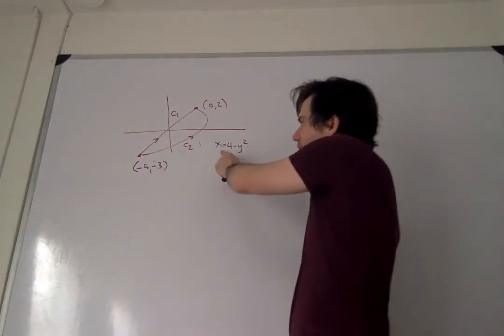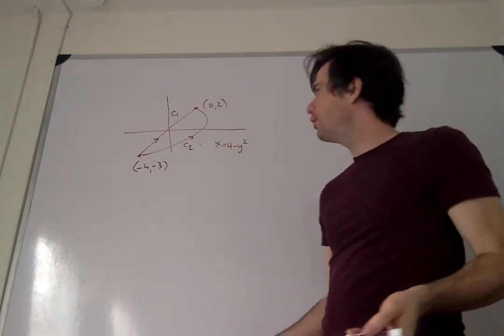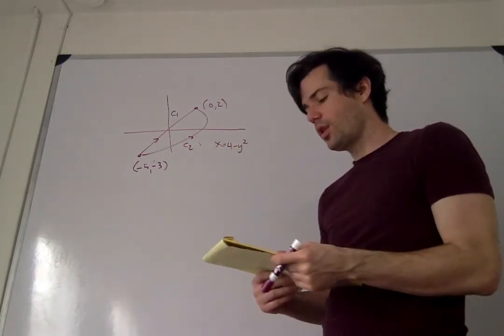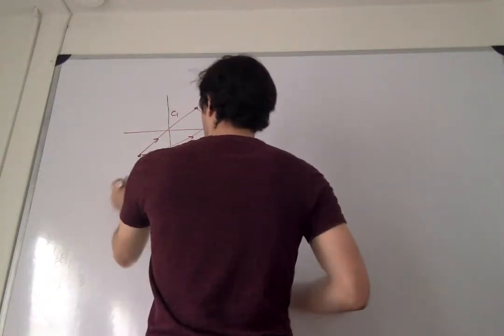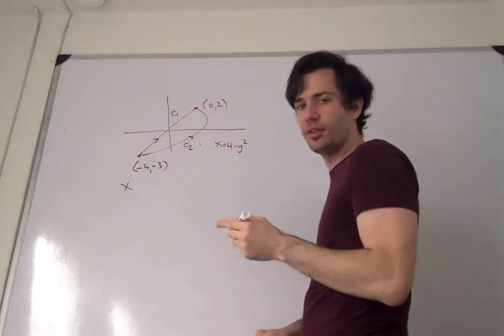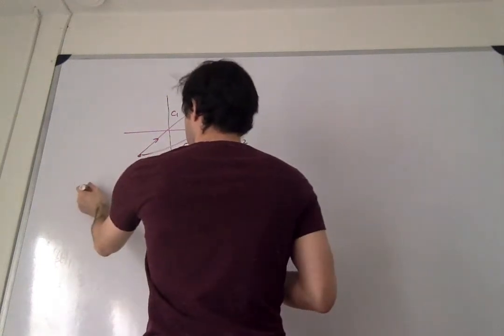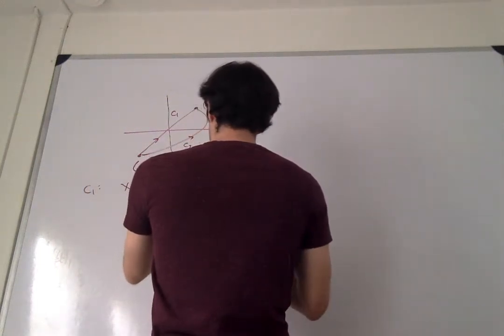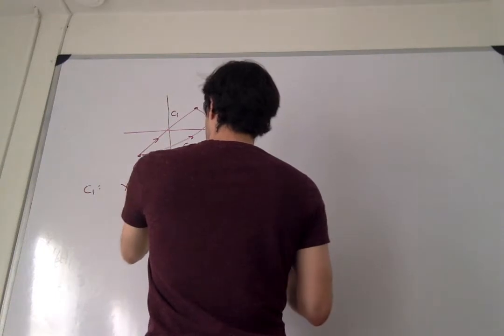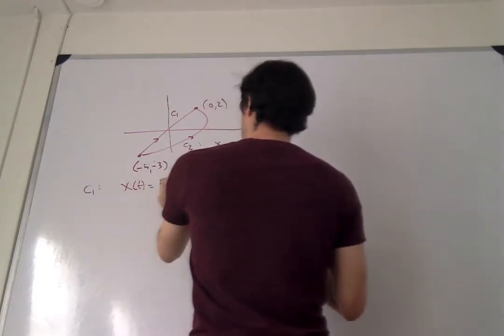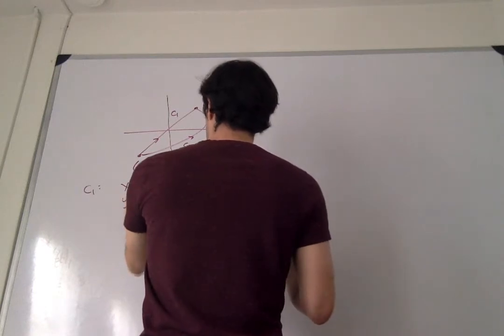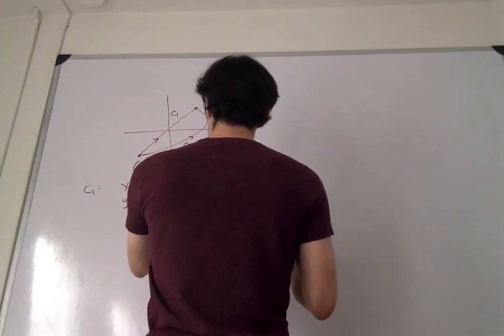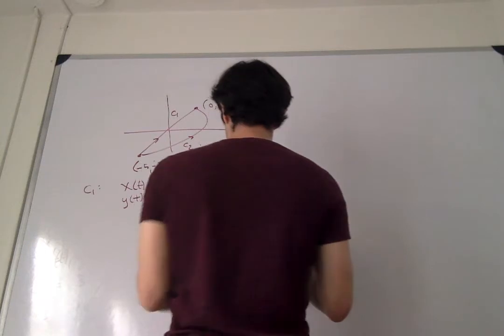Path 2, I'm telling you, it's x equals 4 minus y squared. Well, you can check for yourself. One representation for the first curve, so this is C1, is going to be x(t) equals 5t minus 5, y(t) equals 5t minus 3.